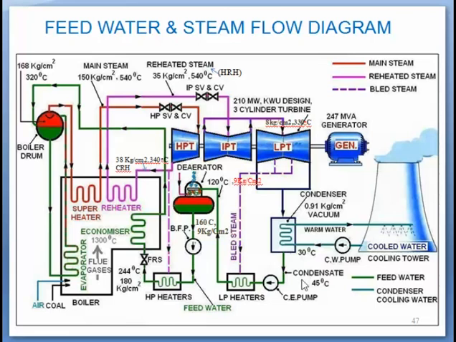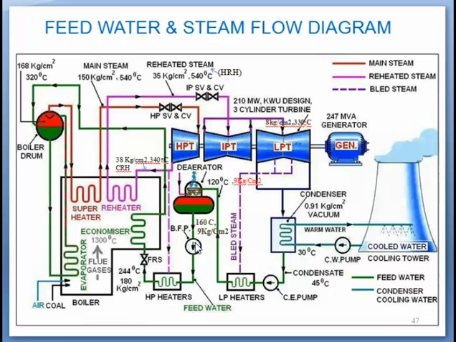And one more thing you can observe: at inlet the temperature of condensate to the LP heater is 45 degrees centigrade, then it comes out at roughly 120 degrees centigrade. From the deaerator, the temperature of feed water becomes 160 degrees centigrade.